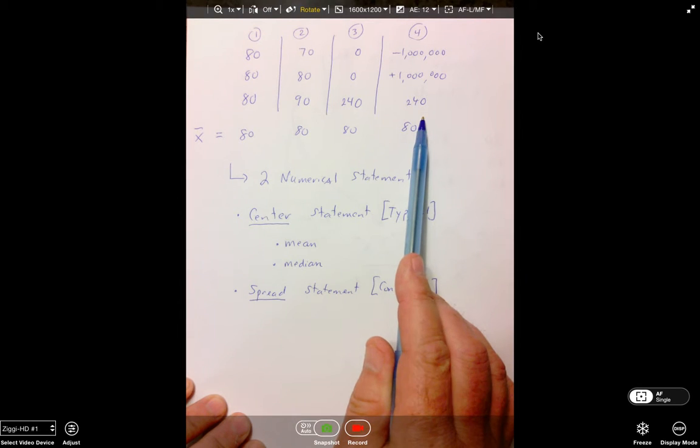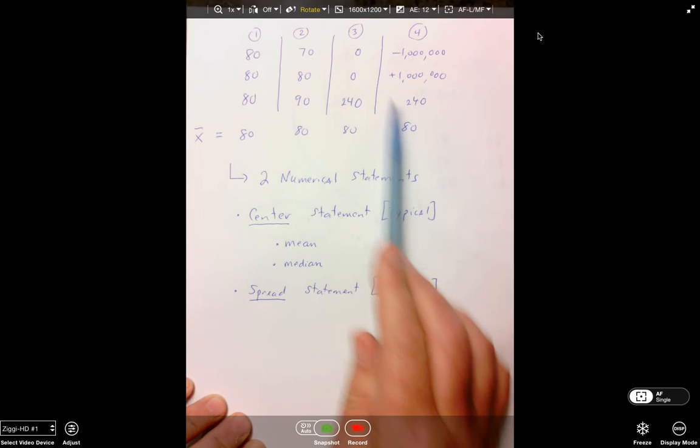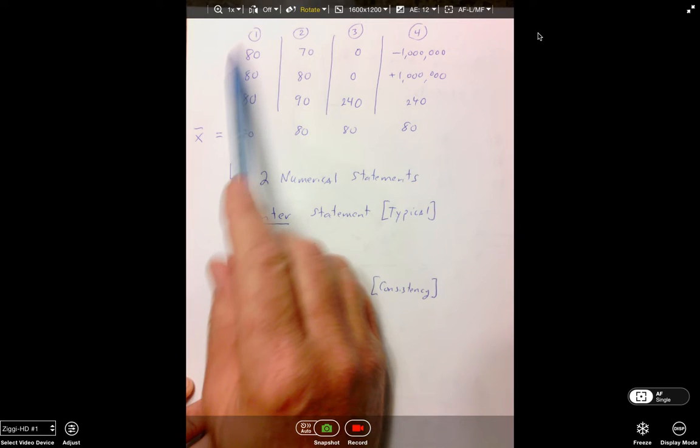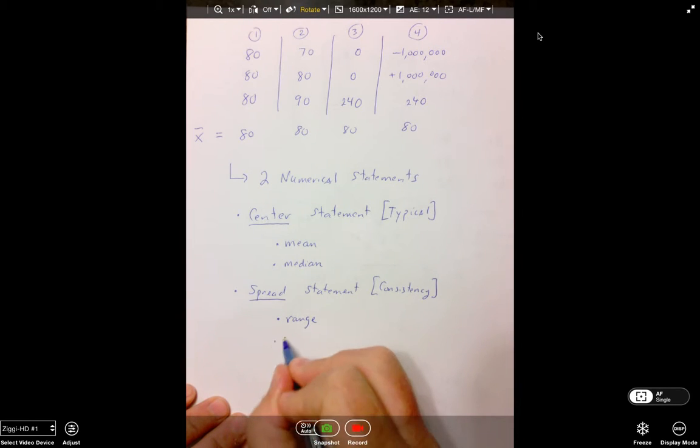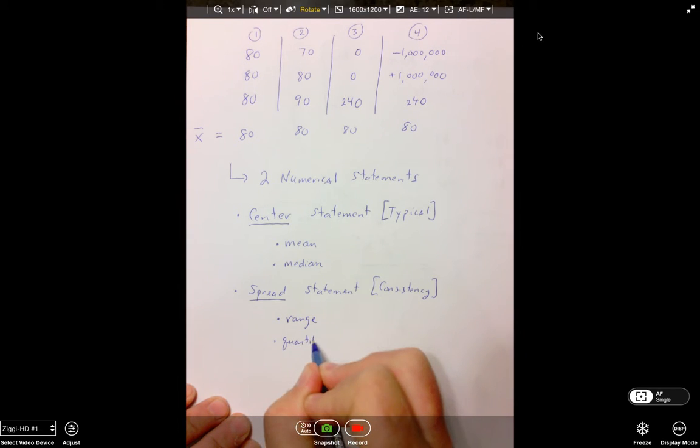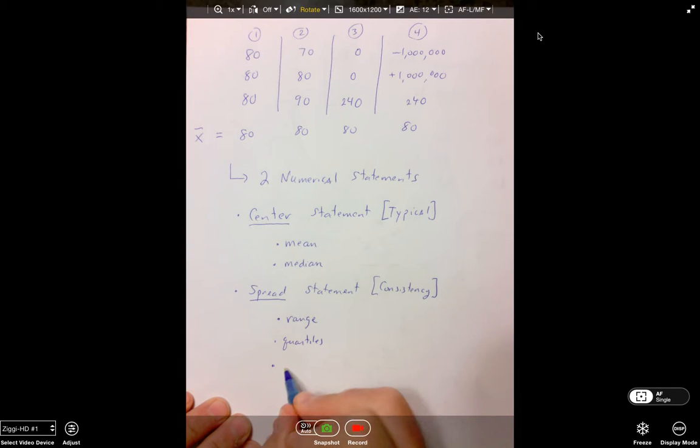This would have a lot of variability where this one has limited variability. Things we're going to look at are the range, quartiles, and something called a standard deviation.